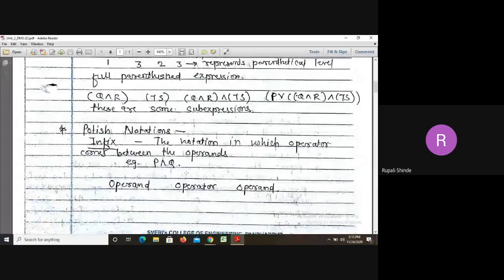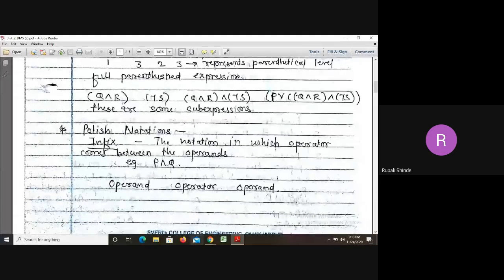So likewise we can solve any given expression. We have seen what Polish notation is. There are three different types in which we can express a given expression: infix, prefix, and postfix. For infix notation, the operator comes between operands.